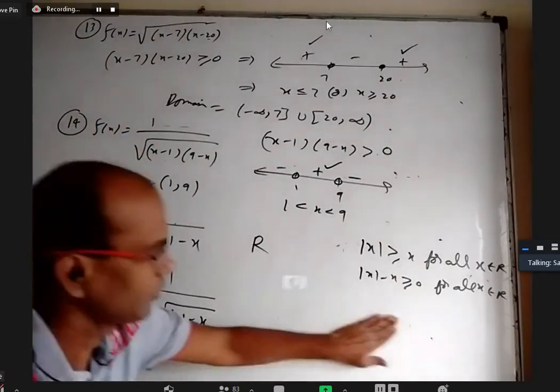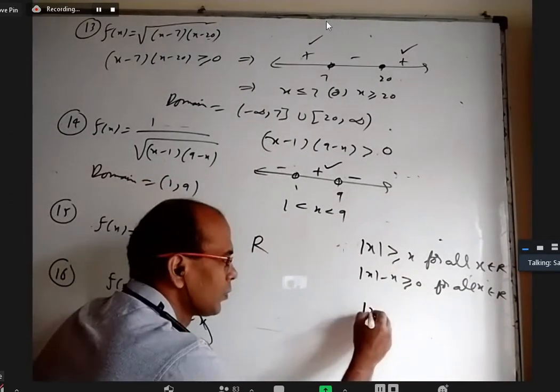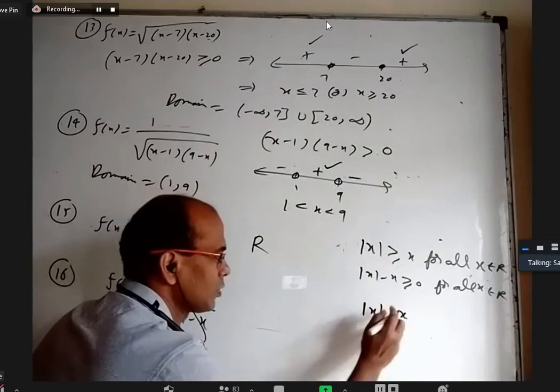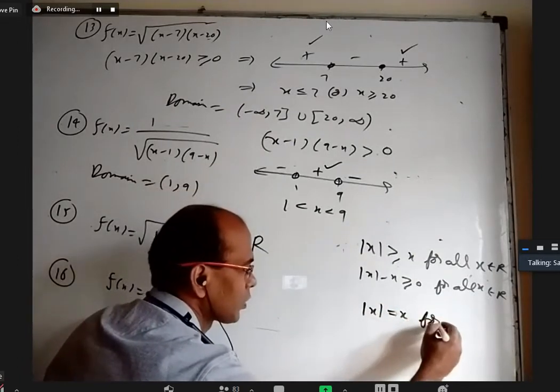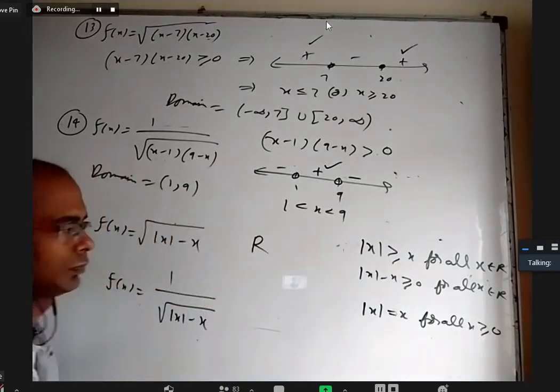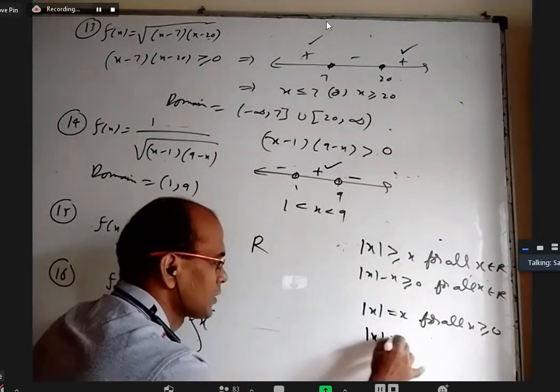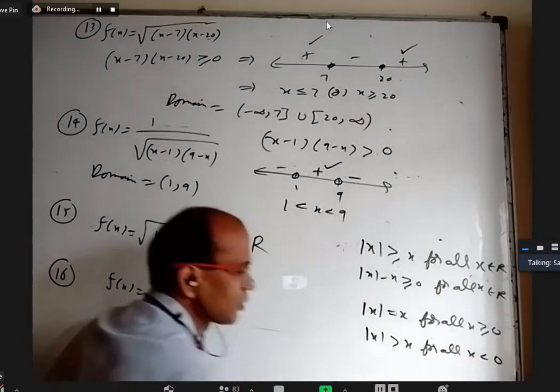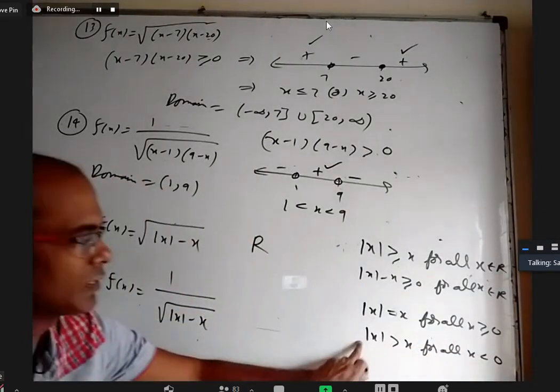So I want to write one more statement here. Mod x equals x for all x greater than or equal to 0, and mod x is greater than x for all x less than 0. You take any negative values, mod x is more than x.